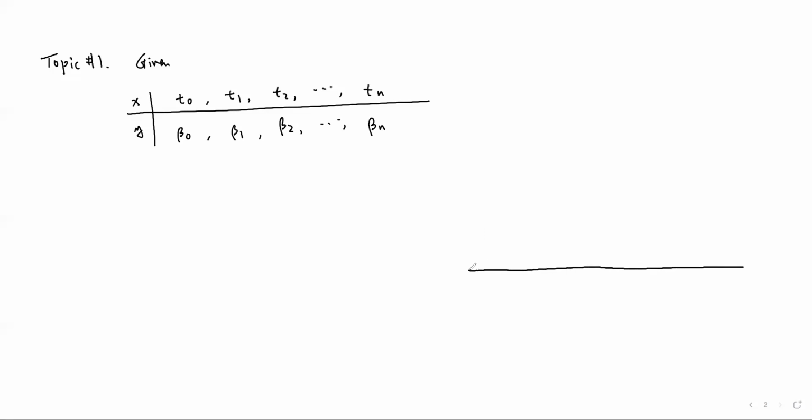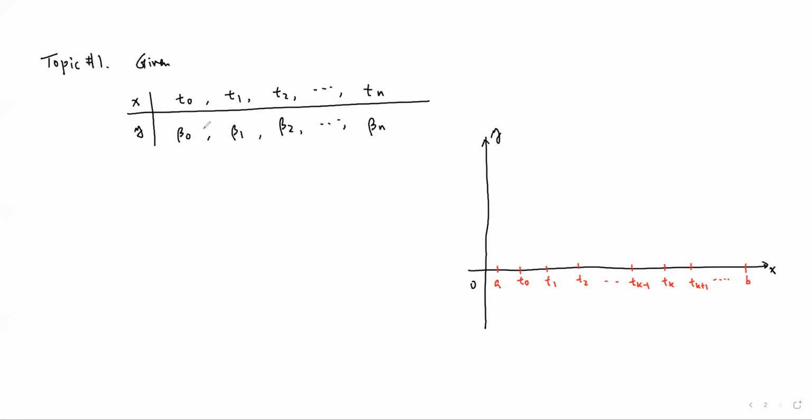XY plane. The knots are on the x-axis. Suppose the open interval (a, b) is here. t0, t1, t2. This is t(k minus 1), tk, t(k plus 1), and so on.